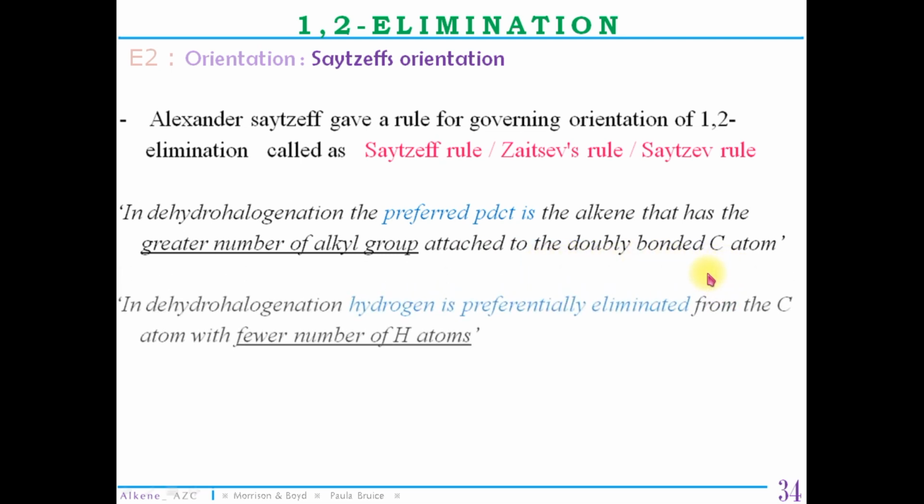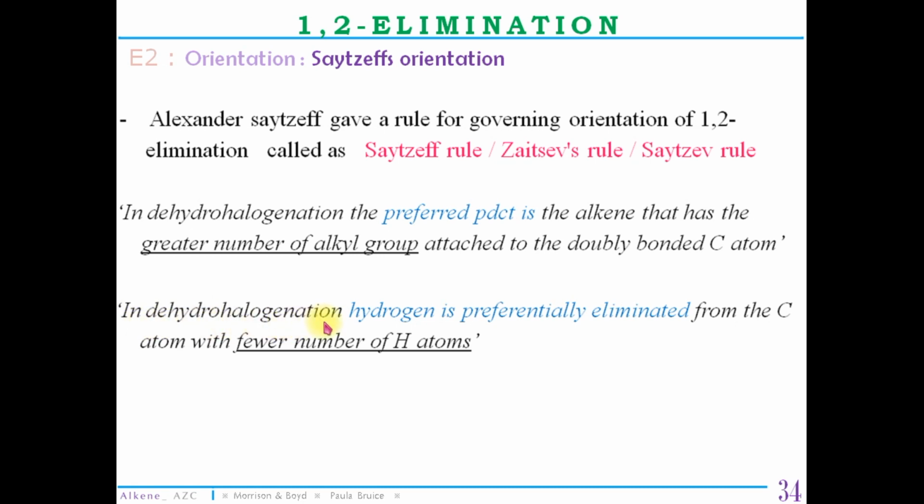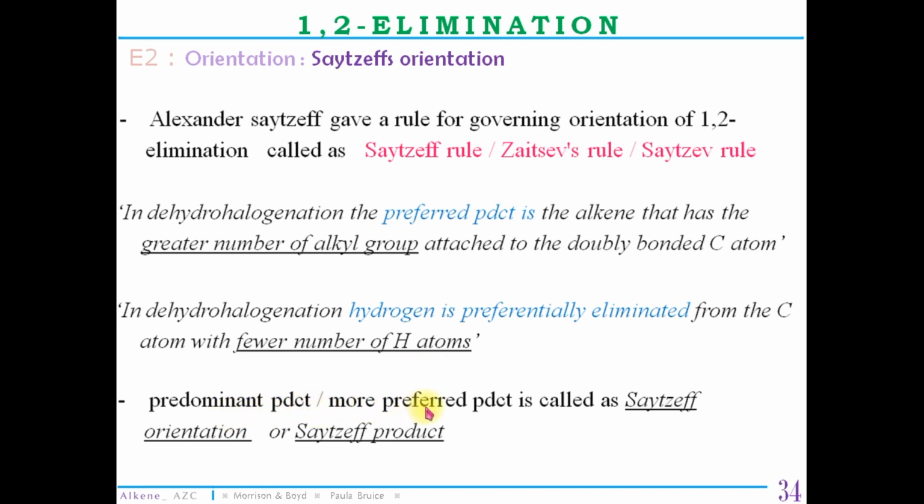A similar statement: in dehydrohalogenation, hydrogen is preferentially eliminated from the carbon atom with the fewer number of hydrogen atoms. The predominant or more formed product is called Saytzeff's orientation or Saytzeff's product.